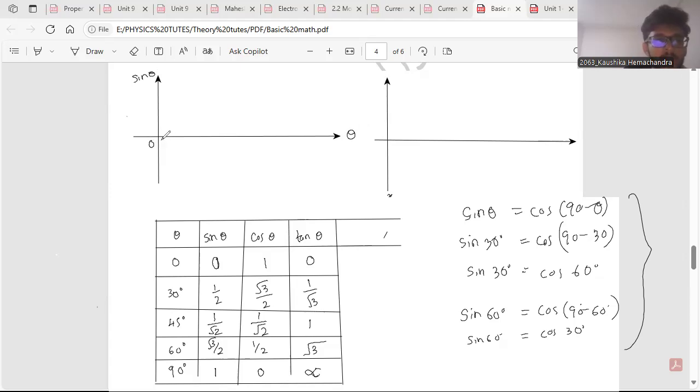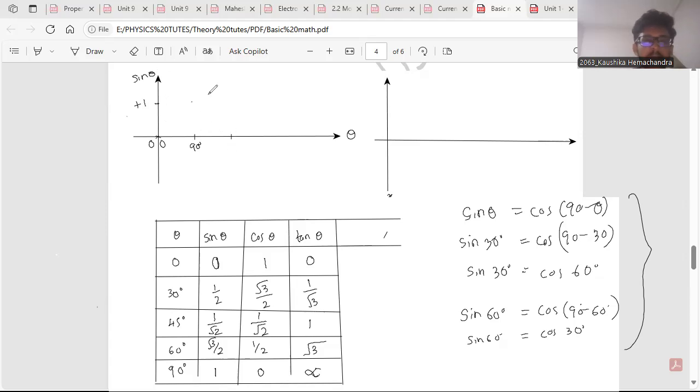When theta is 0, sin theta is also 0. Start from the origin. When theta is 90 degrees, sin theta is 1. 1 is the maximum, +1.